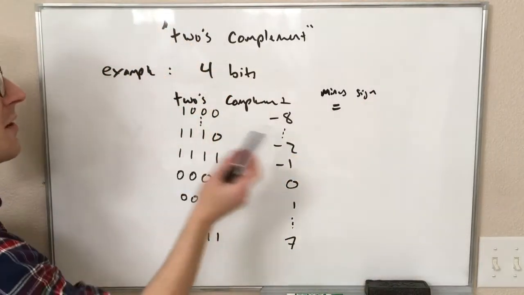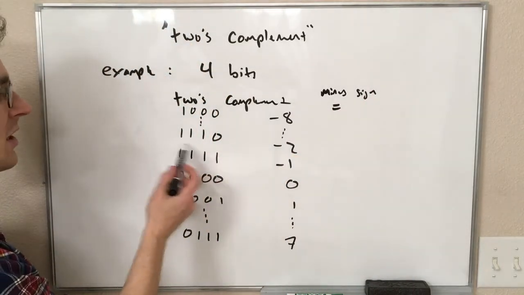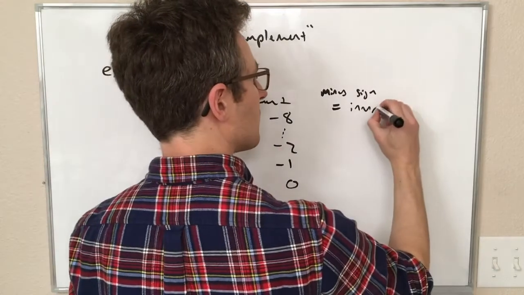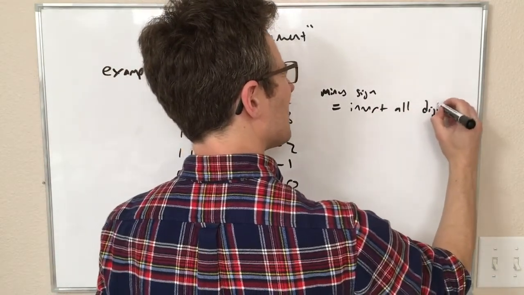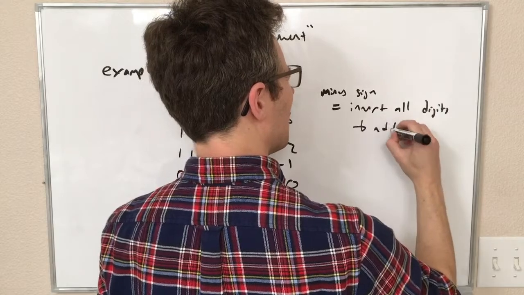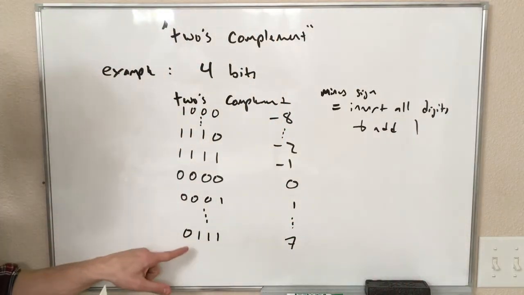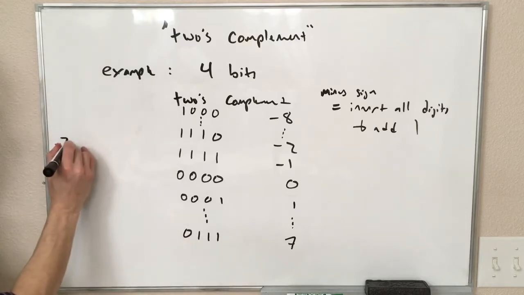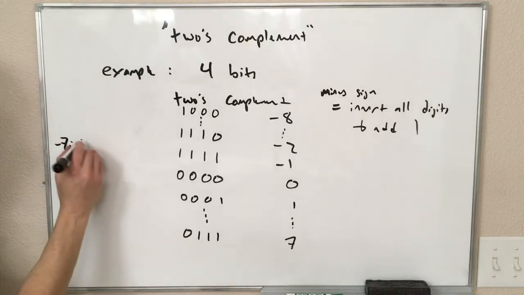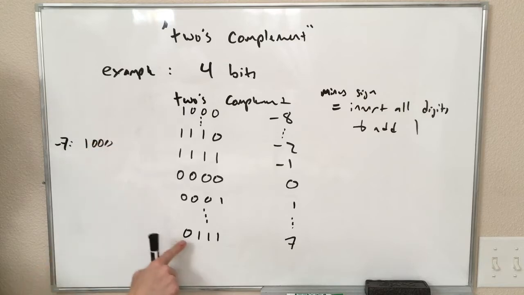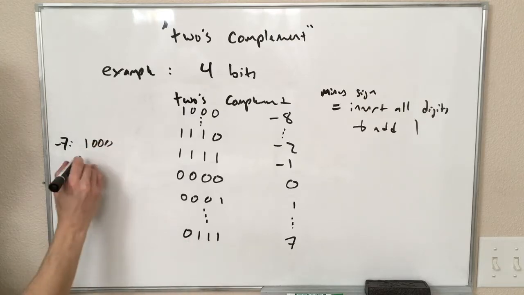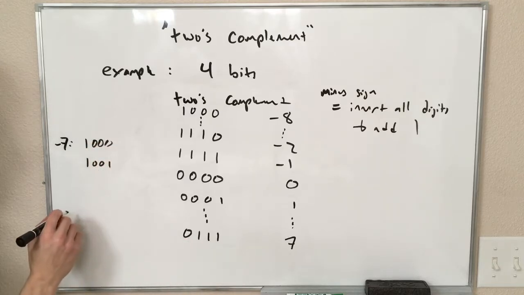Okay, so in other words, getting a minus sign is the same as inverting all the digits and adding 1. So if I want to know what minus 7 is, I invert all the digits, so that would be 1, 0, 0, 0, right? And then add 1: 1, 0, 0, 1.